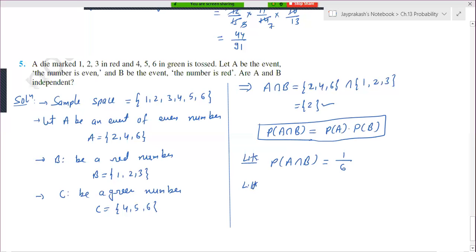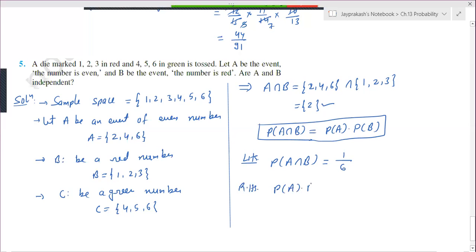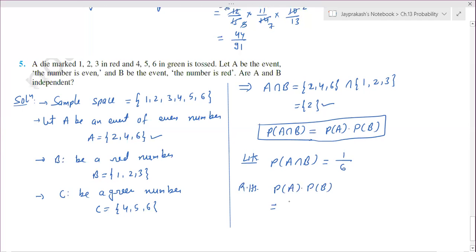Now the RHS part, P of A into P of B. P of A, there are 3 elements out of 6, so it will be 1 by 2. And P of B again contains 3 elements in the red numbers, so 3 by 6.